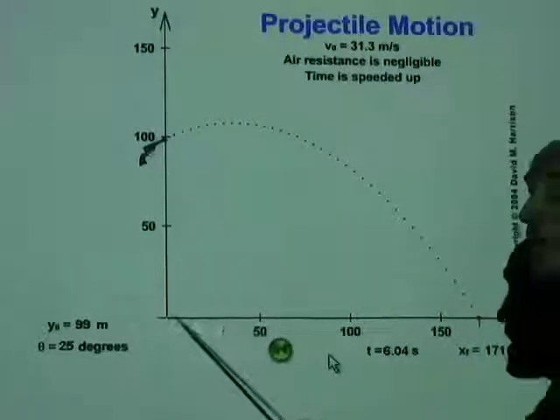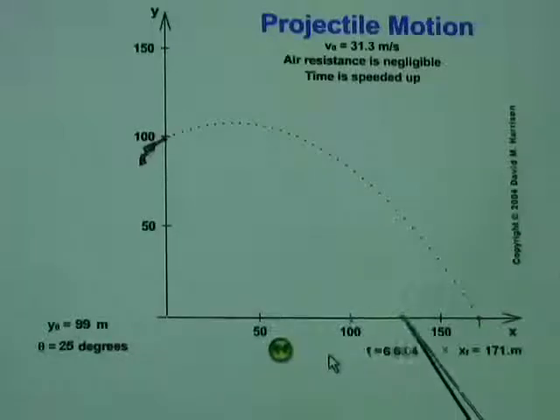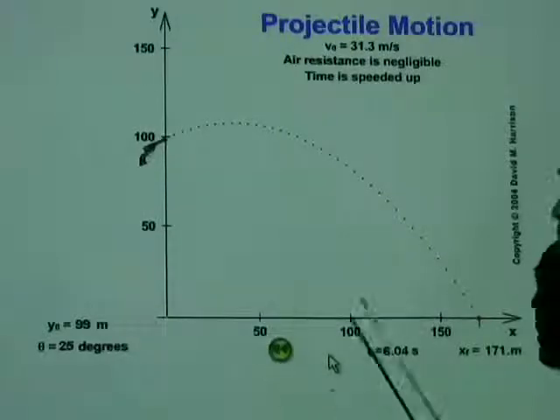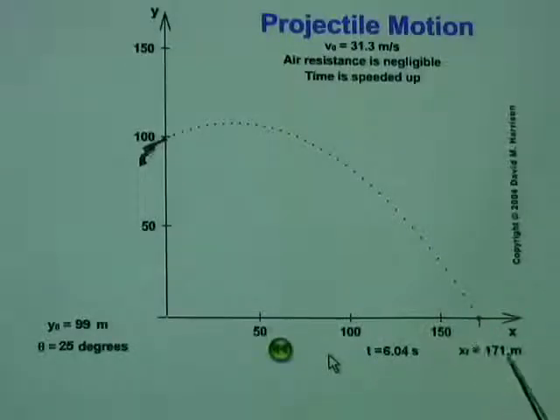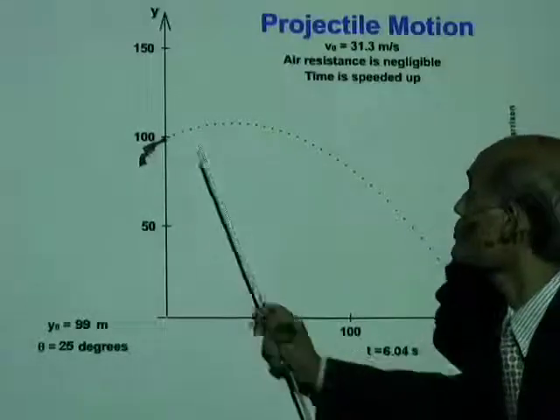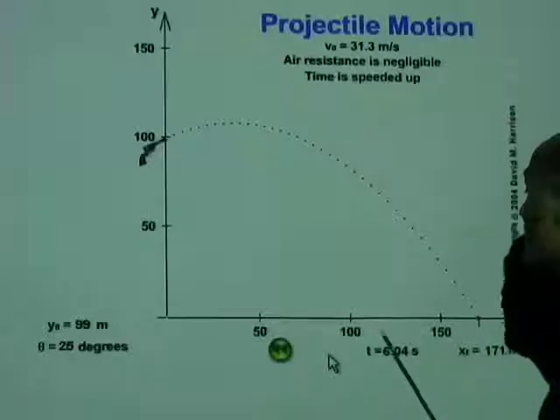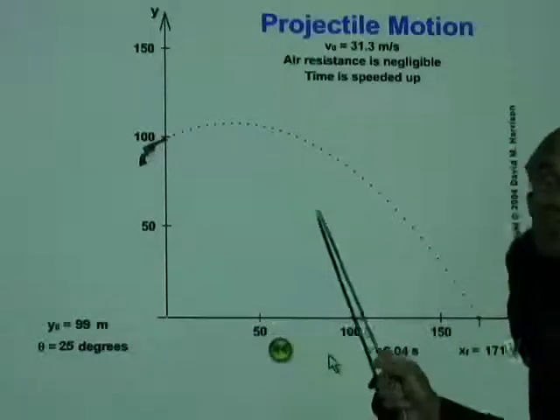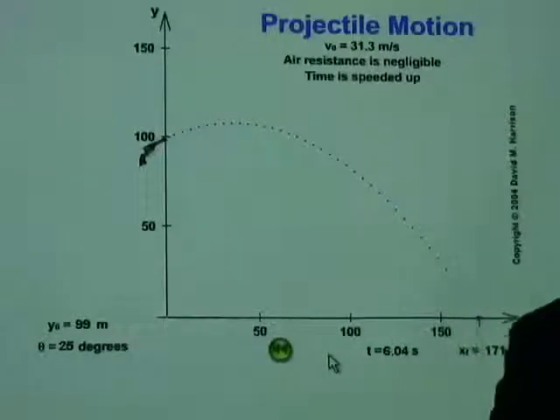And during that time, it traveled a distance x equal to 171 meters. So, you can see this 171 is V0 cos 25 times 6.04. You can do a lot of studies on this.